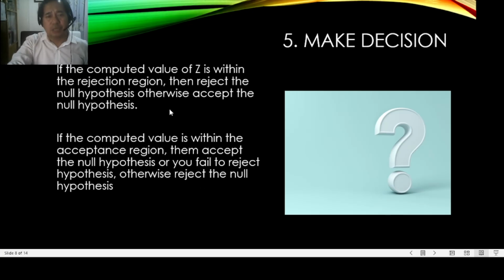Again, if the actual p-value that was computed is less than the critical value, we reject the null hypothesis. But if the computed p-value is greater than the alpha level that is given, then you accept the null hypothesis. So these are the things that we need to understand.